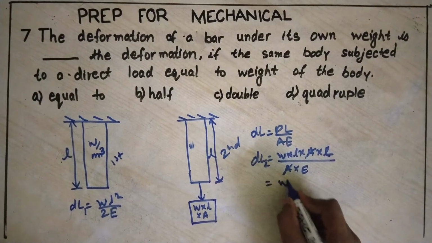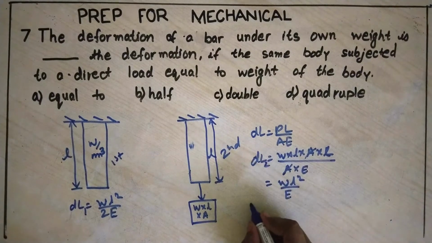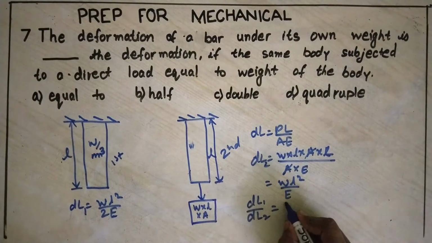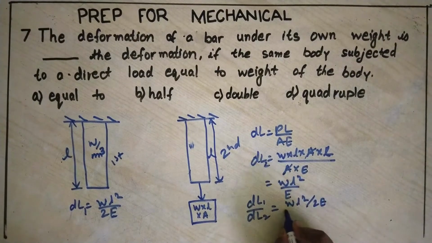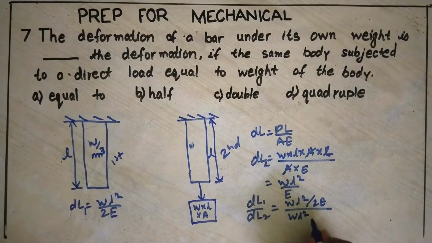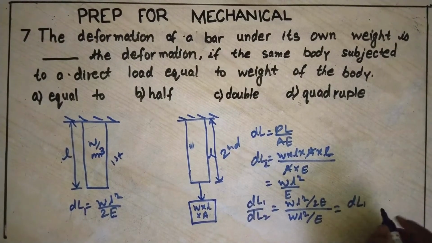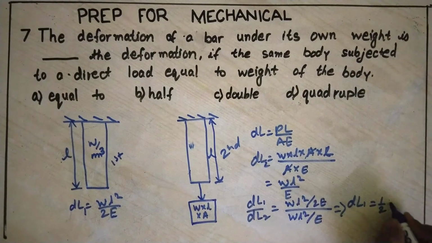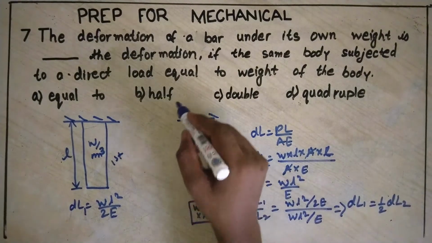So this is equal to WL square by E. By comparing DL1 and DL2, we get WL square divided by 2E divided by WL square by E. So DL1 is equal to half of DL2. So the correct option is half.